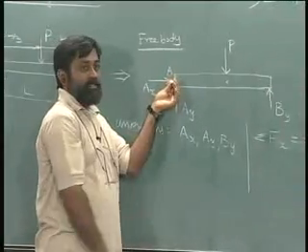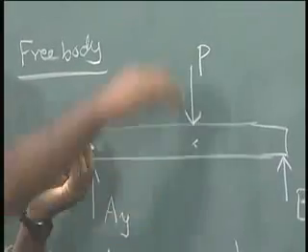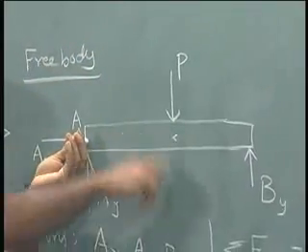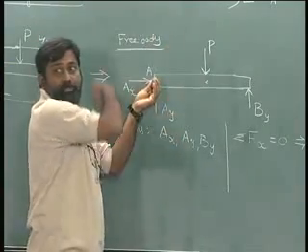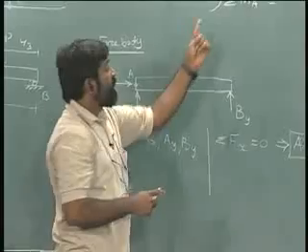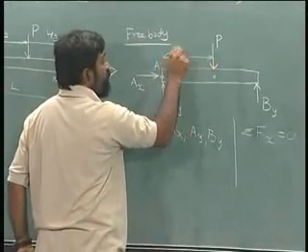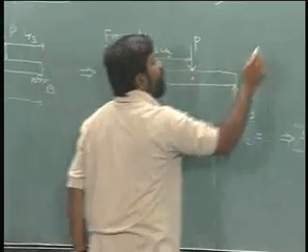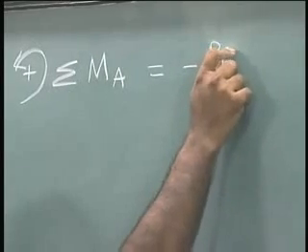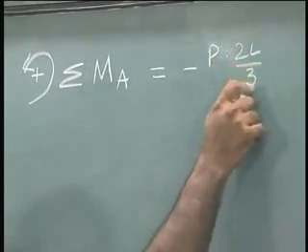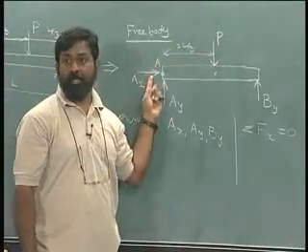I just hold this, look at what kind of moment this will create. P will try to push it down and therefore will introduce a clockwise rotation. Anti-clockwise is positive, and this distance I already know is 2L by 3, and therefore it will be minus P times 2L by 3, the contribution of P to the moment at A.